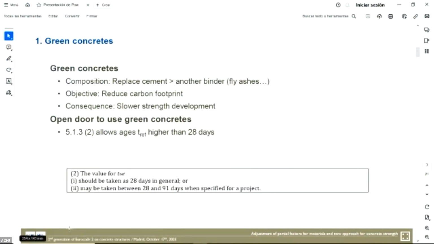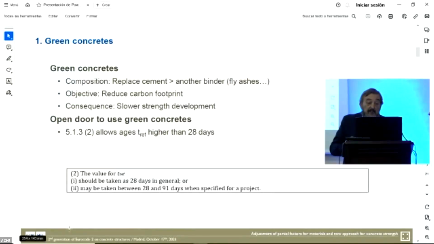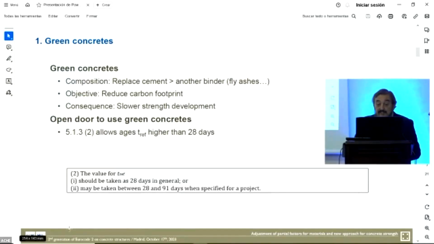Hans has explained perfectly that there are some concretes where cement is replaced totally or partially by another binder, like fly ash and so on, with the objective to reduce carbon footprint, but this implies a slower strength development, and then the reference age to test the control specimens has been between 4 weeks and 13 weeks, that's 91 days.